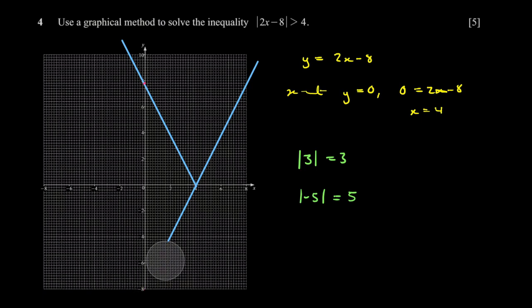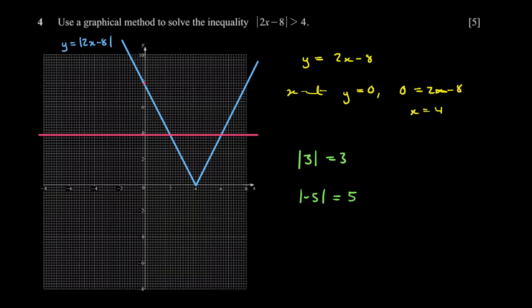Okay, so what I've just done there, this thing is the graph of y is equal to the modulus of 2x minus 8. Now then, we want to find out when this graph is greater than 4. So I'm going to draw the line y is equal to 4, which I think is like there.